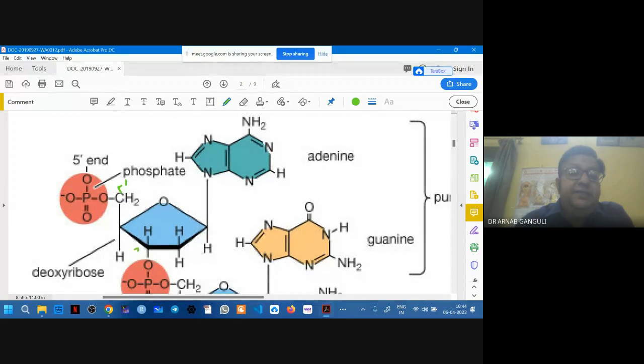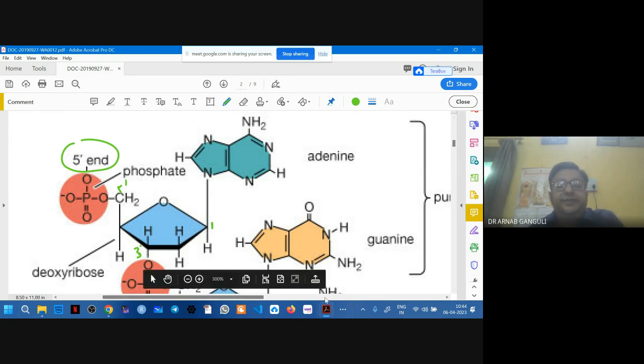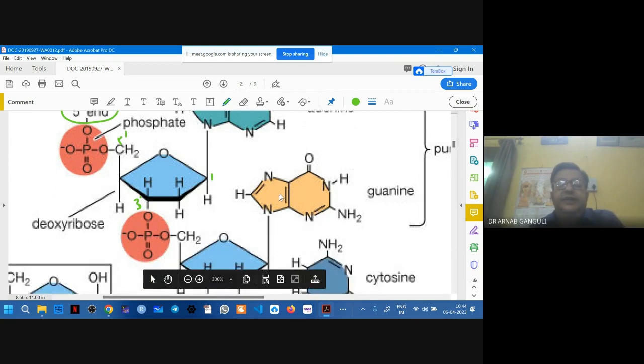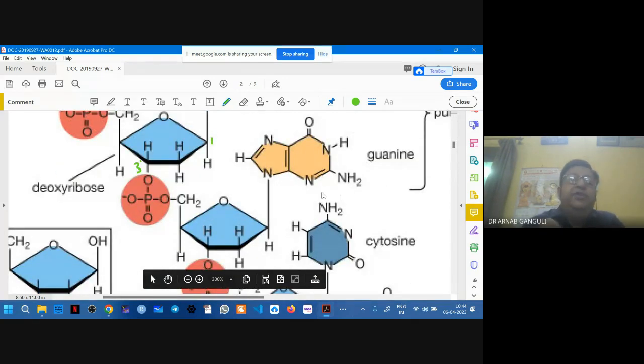This is the 3 prime carbon, and this is the first carbon. So the base, say adenine, is attached to this deoxyribose sugar, which is then attached to this phosphate. This is known as the 5 prime end.